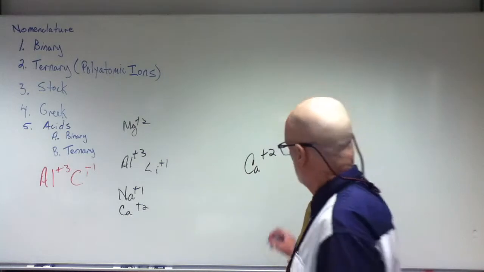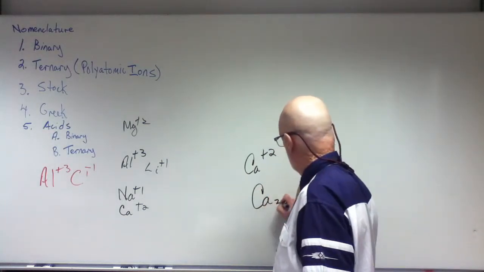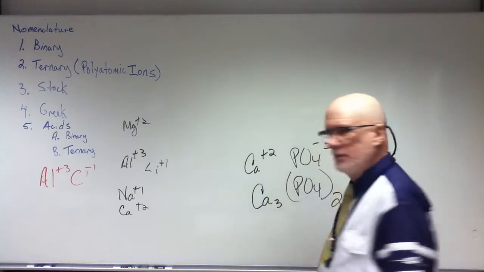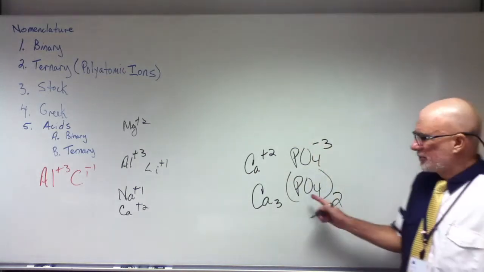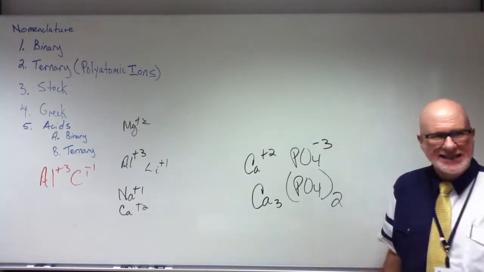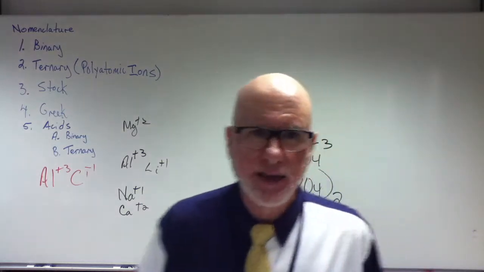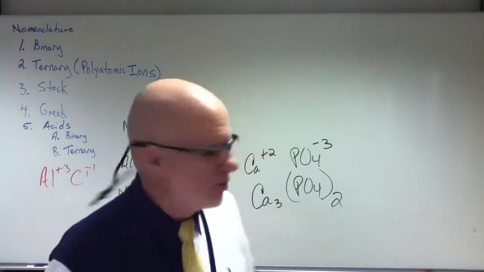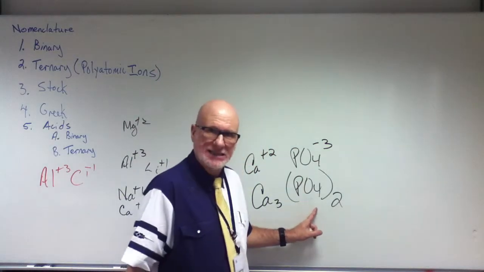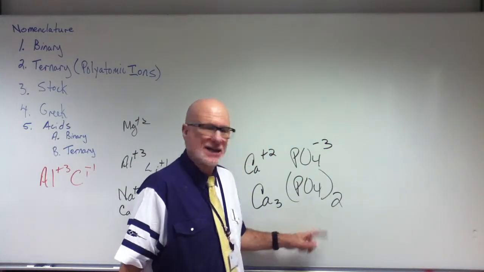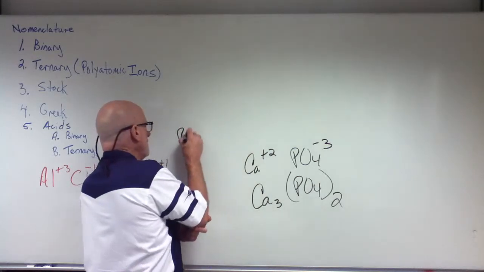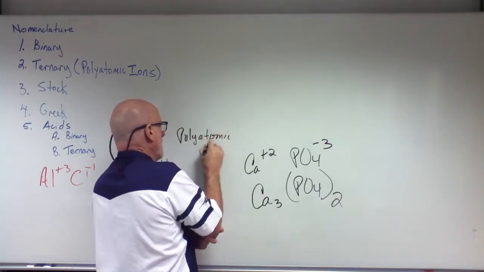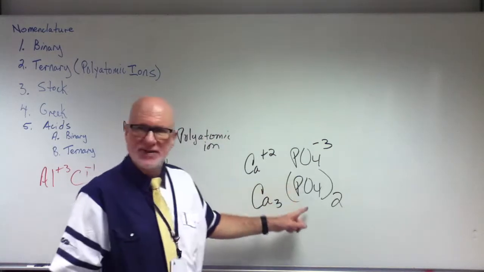Would it be Ca3PO8? PO2. You use parentheses. Listen carefully. I hope you look at this video because it's explaining everything. When you are indicating the presence of more than one polyatomic ion, you use parentheses.